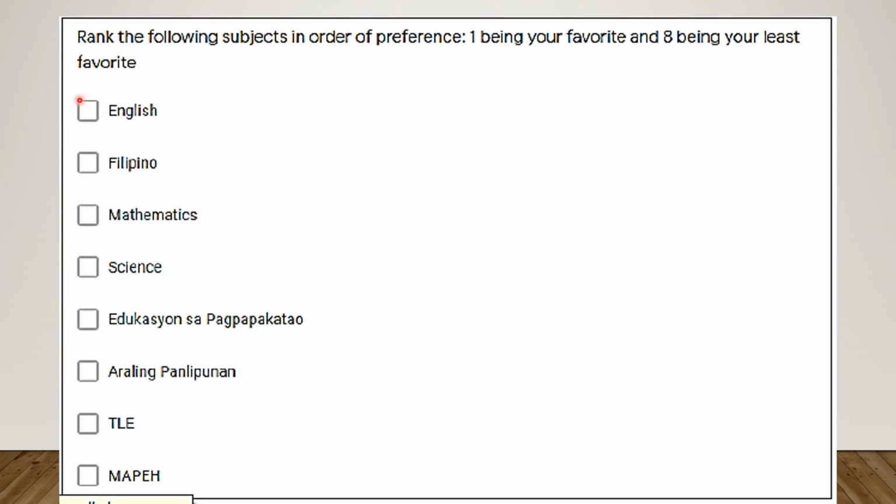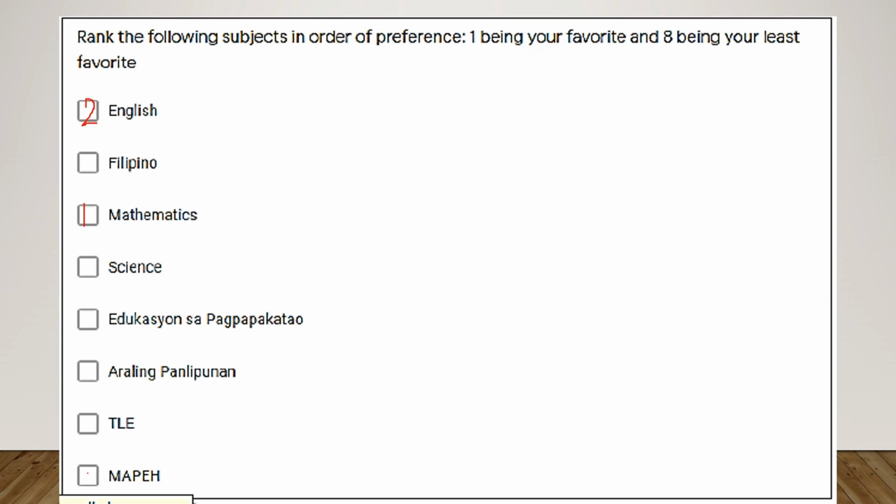So how do we do this? All you have to do is to put numbers in the boxes, based on which subject is your favorite. Let's say for example my favorite subject is math. So I'll be putting here 1. Let's say my second favorite subject is English, 2.